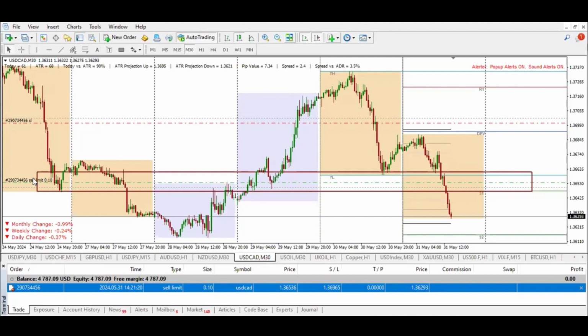You don't want to get your stop loss knocked out. You want to make sure that you're setting stop losses, but you're leaving enough room for price to oscillate.